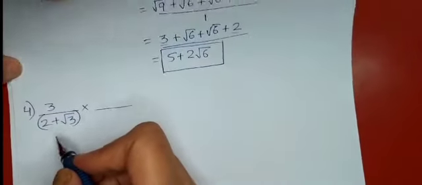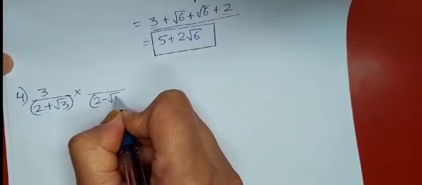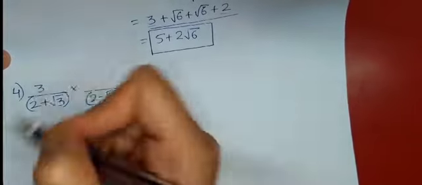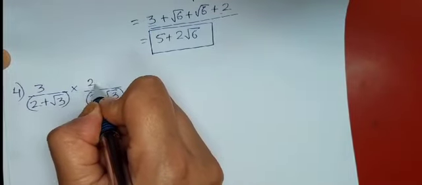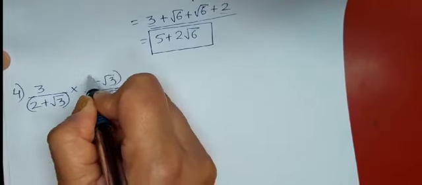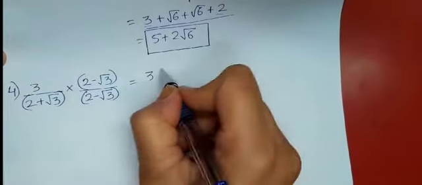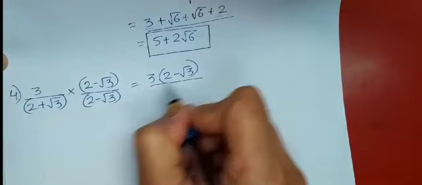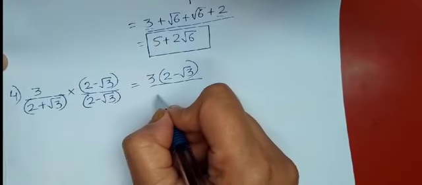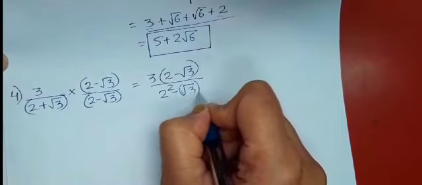So the conjugate of 2 plus root 3 will be 2 minus root 3. And as per the equivalent fraction, we have to multiply this in the numerator too. So in the numerator we'll get 3 times 2 minus root 3 and here 2 square minus root 3 square.